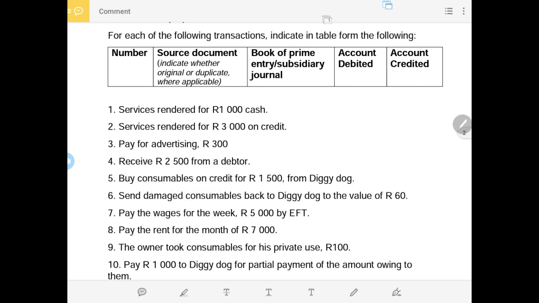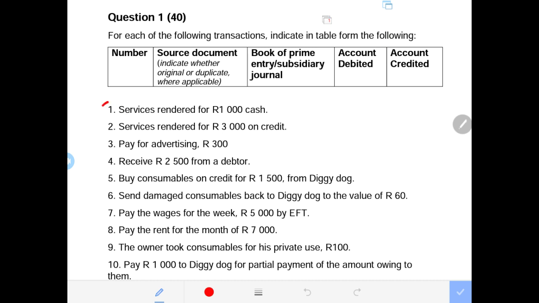But if we are buying from a supplier, that means we are a customer to the person supplying us. Then we are going to have the original document, which will be the original invoice when we buy. But when we sell, we will have a duplicate receipt in the case of a receipt.